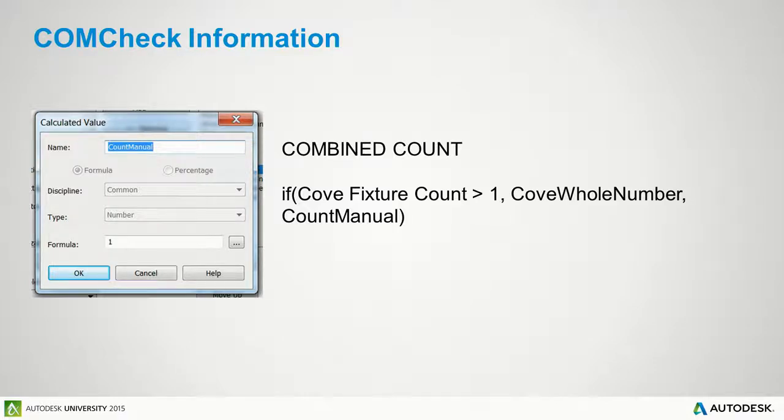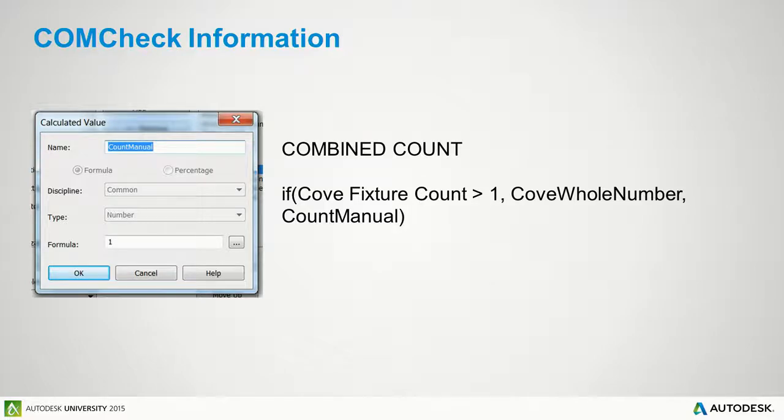So on that schedule, I told it, do not itemize every instance, so it's going to put all of my JA fixtures in one line. And then I've told it, for the count manual field, give me the totals. And so it will actually sum it up and give me the actual count of that instances of family.